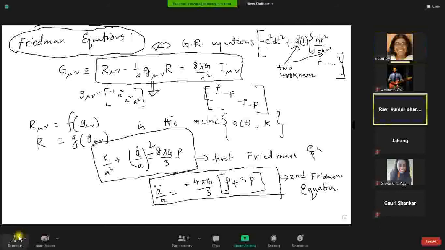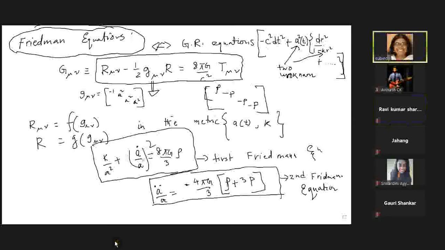Yes. So you can see that all the coefficients of the coordinates enter the left side of Einstein's equation, that is the geometry, and the right side is the matter, how much energy density you are putting. But here is one difference: not only does rho enter, but there is also geometry in the second equation, A double dot by A, how A is curved, or its velocity, because these are part of the metric only, A(t).